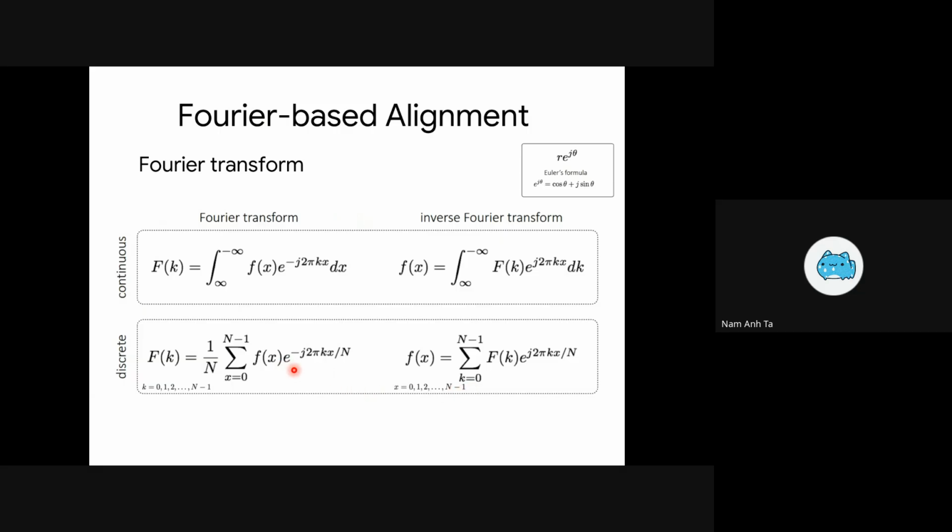This acts like a rotation factor you will see in the formula. It acts like a bridge that carries our signal from the spatial domain to the frequency domain. Also, notice the Euler formula on the upper right corner. This reminds us that these complex exponentials are just a combination of sine and cosine.